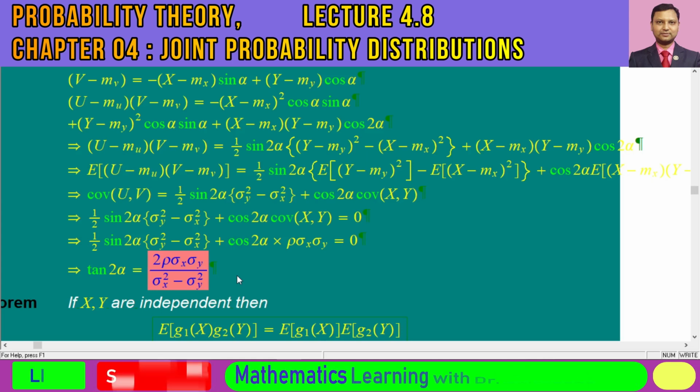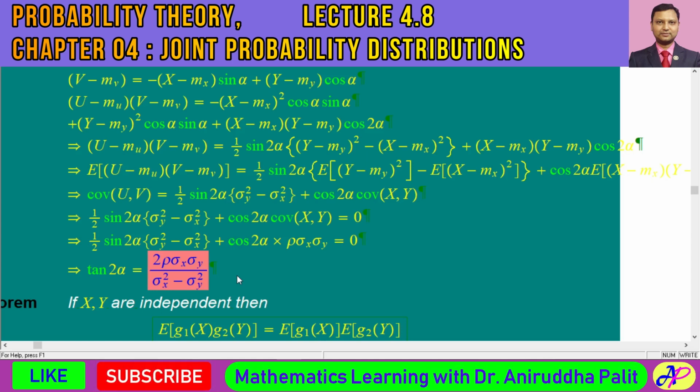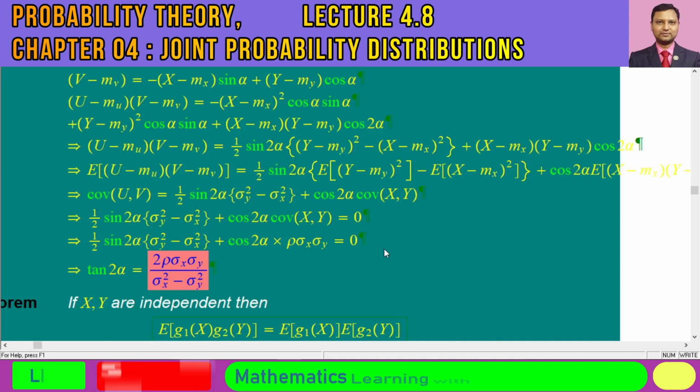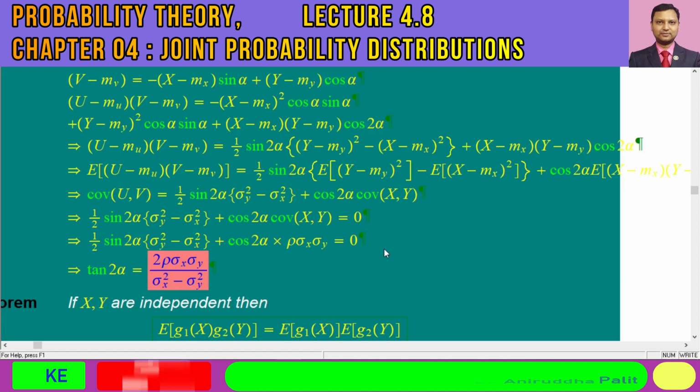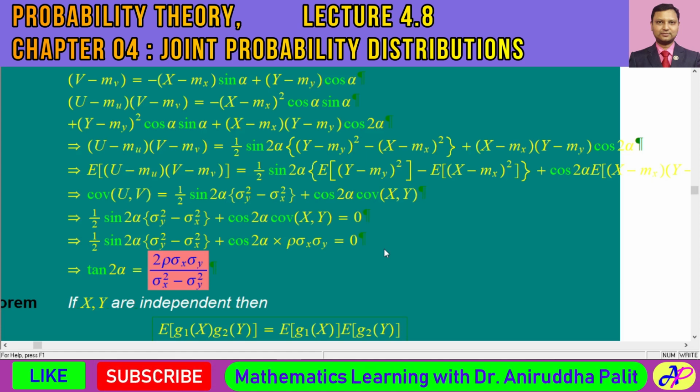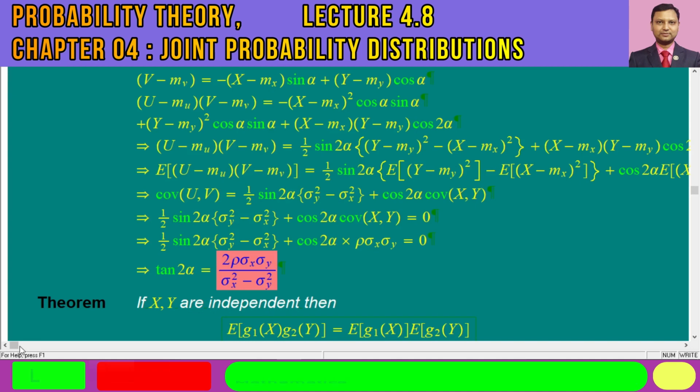And now let us consider some cases when capital X and capital Y are independent random variables, and we are going to study the effect of independent random variables over the expressions of different kinds of mean values or expectations.